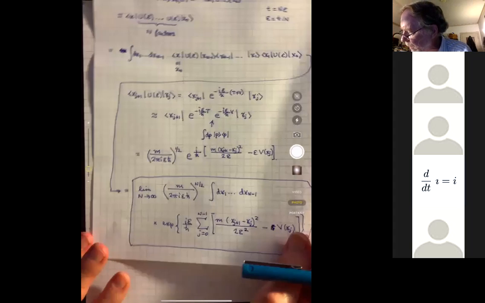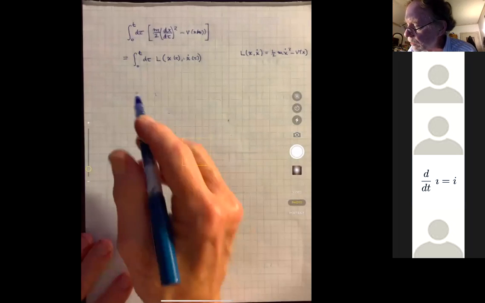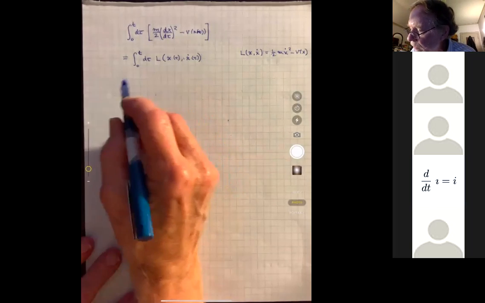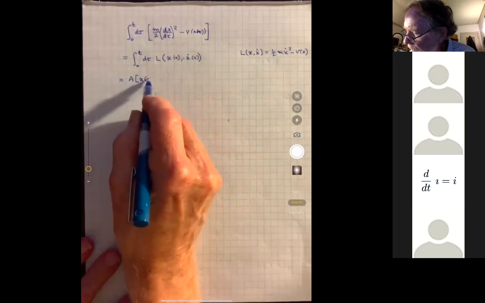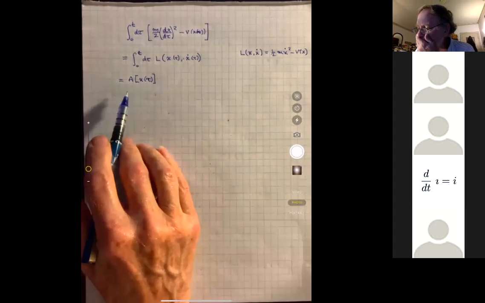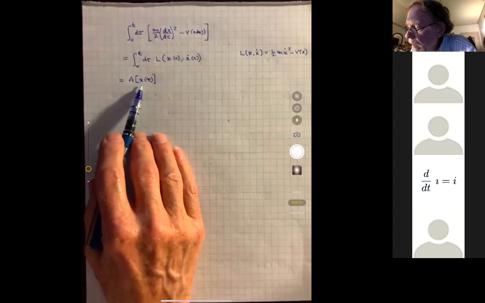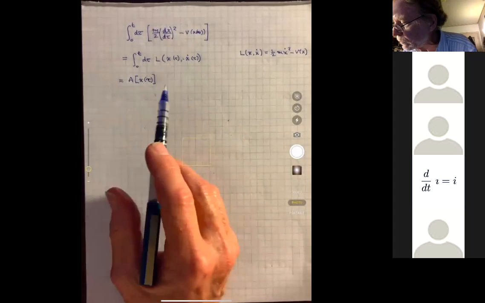That's what we got up here in the exponent. And by the way, the integral of the Lagrangian along a path x of tau is otherwise what we call the action functional, A of x of tau. The action functional, by definition, is a functional of a path x of tau, and it's just given by the integral of the Lagrangian along the path.